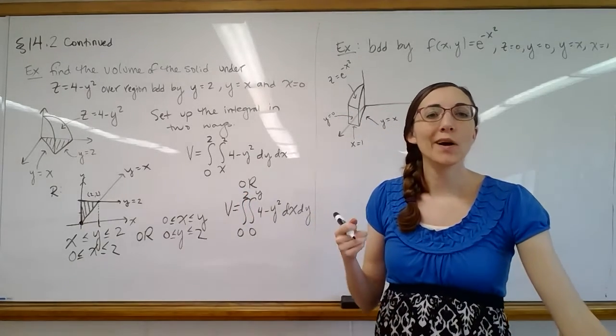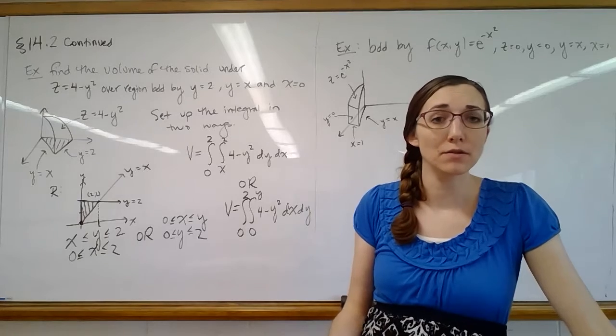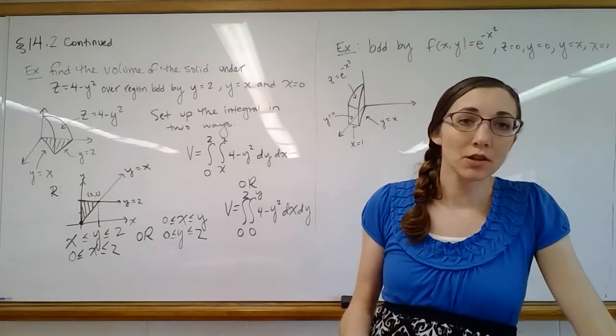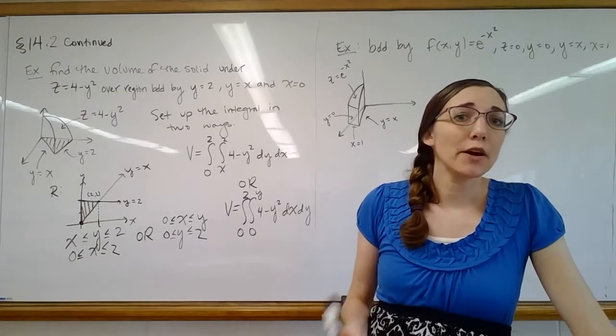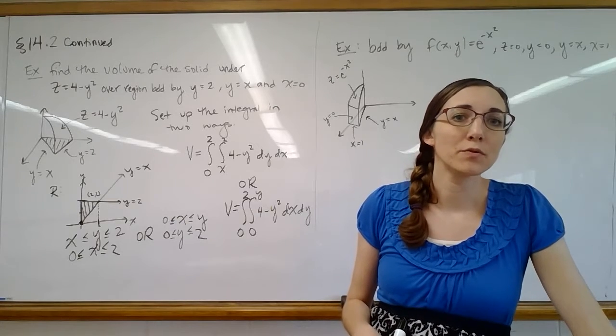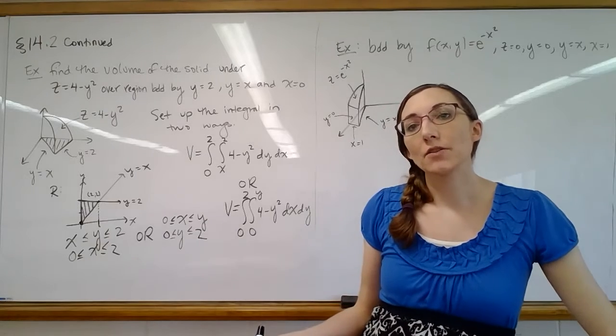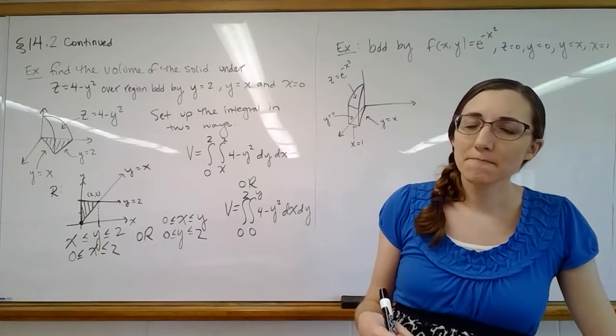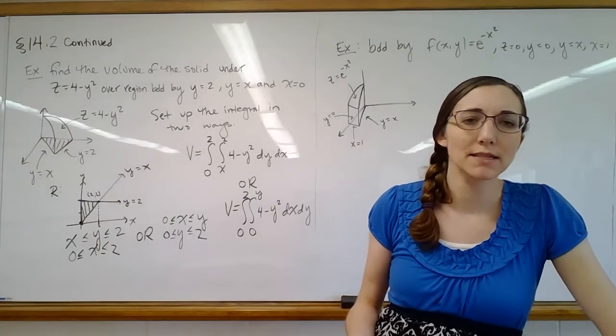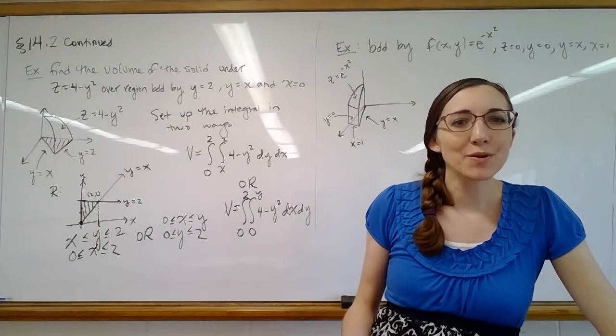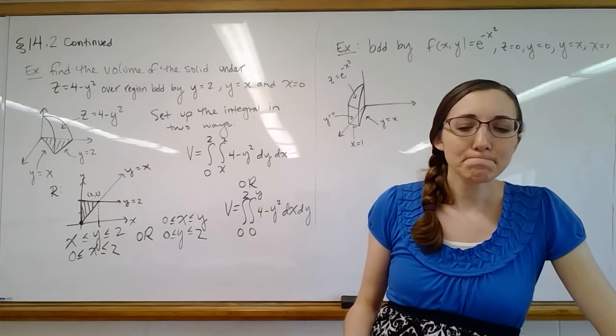Notice when you actually integrate those, the process is going to look different, because when I integrate 4 minus y squared with respect to y, I get a different result than when I integrate it with respect to x, which might make you think that we're not going to get the same result. But notice the bounds we're plugging in are also different.